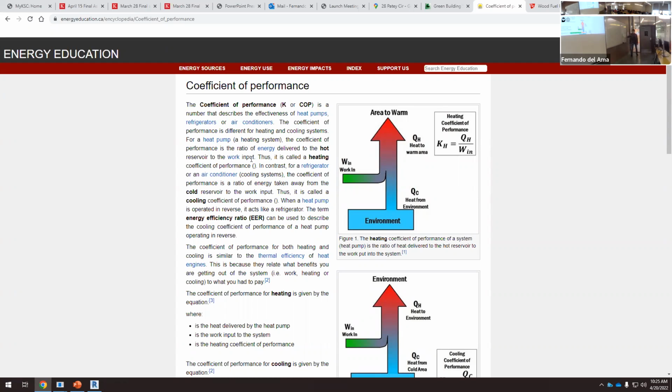The other way around. 0.4. It's 2 divided by 5. Okay. Please, we have to understand this before leaving this school or even this world.